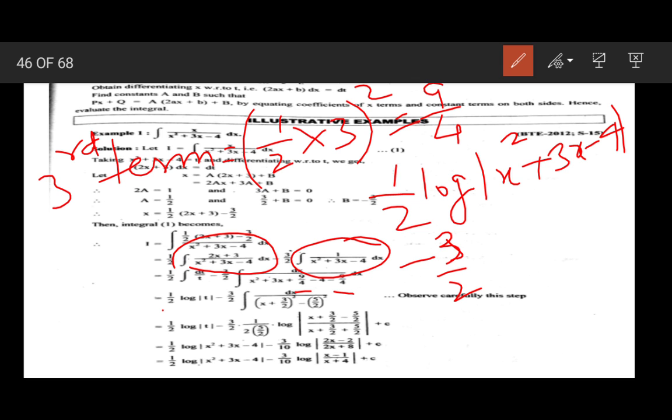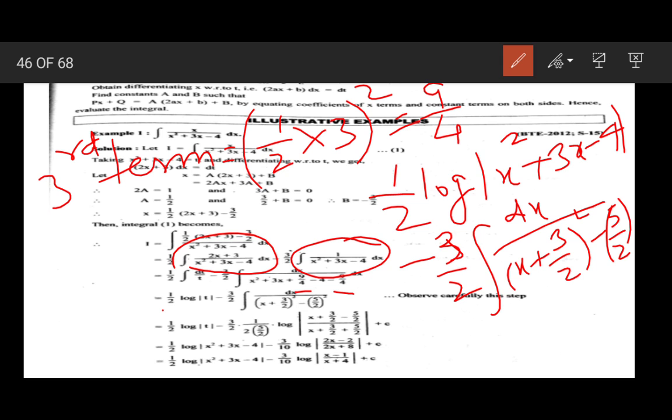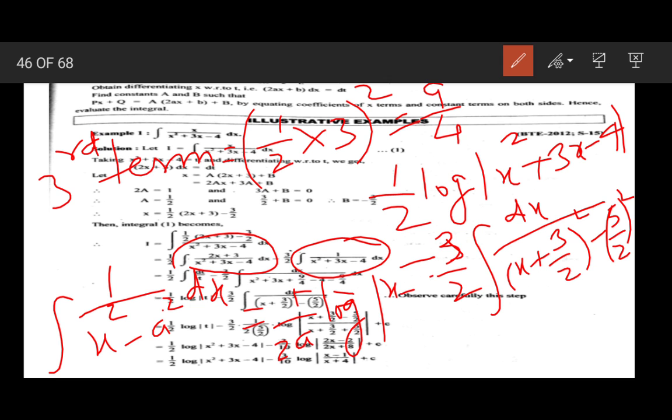So that will be integral dx upon x plus 3 upon 2 the whole square minus 5 upon 2 the whole square. Okay. And here I have to apply this formula, integral 1 upon x square minus a square dx formula. So that is equal to 1 upon 2a into log x minus a upon x plus a plus c.